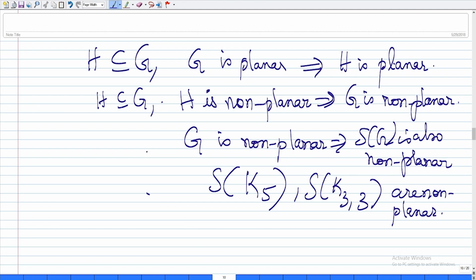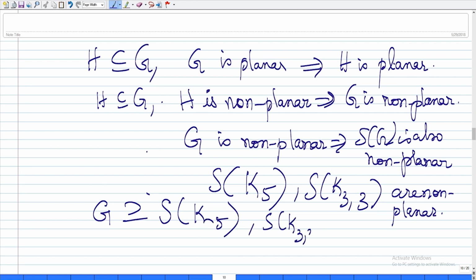Can I combine the second and this fourth one to say something? Can I say that if G contains S of K5 or S of K33, then G is non-planar?